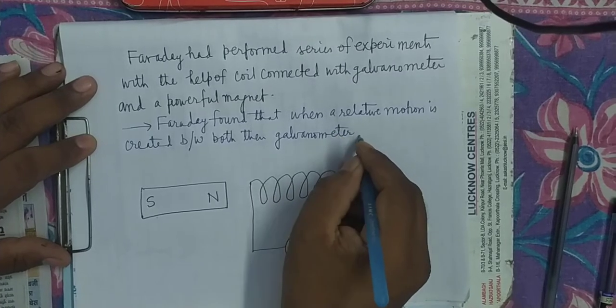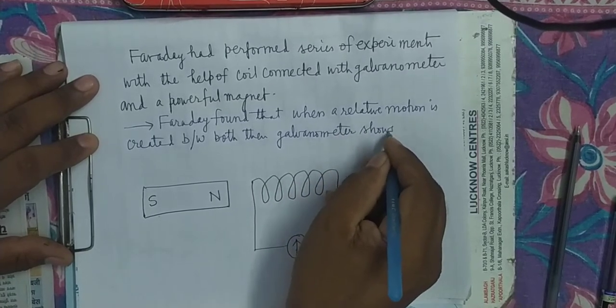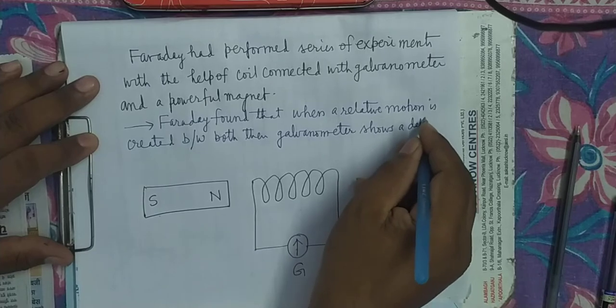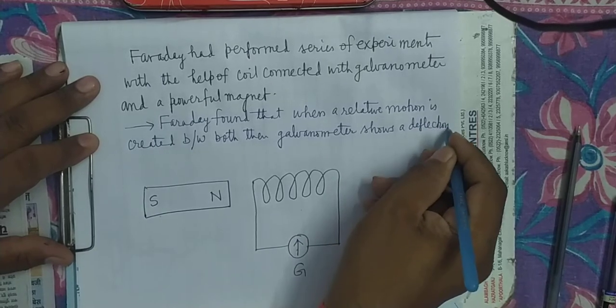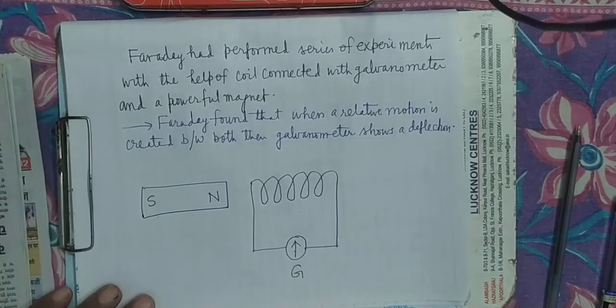Galvanometer shows a deflection. Now, what was the observation of Faraday?